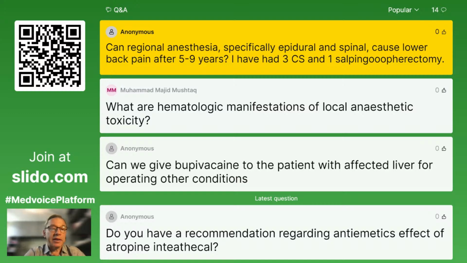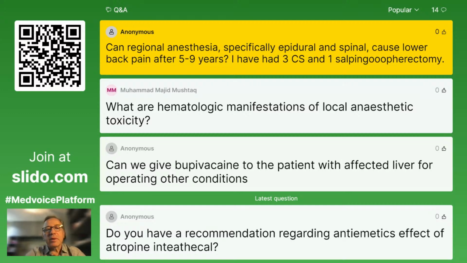The 5% lidocaine, which was used in the past many years ago, was labeled as toxic for causing cauda equina syndrome, and that can cause low back pain as well. But usually the back pain in the area of an epidural or a spinal doesn't last for that long. It may last for several weeks, maybe a couple of months, but then usually disappears.